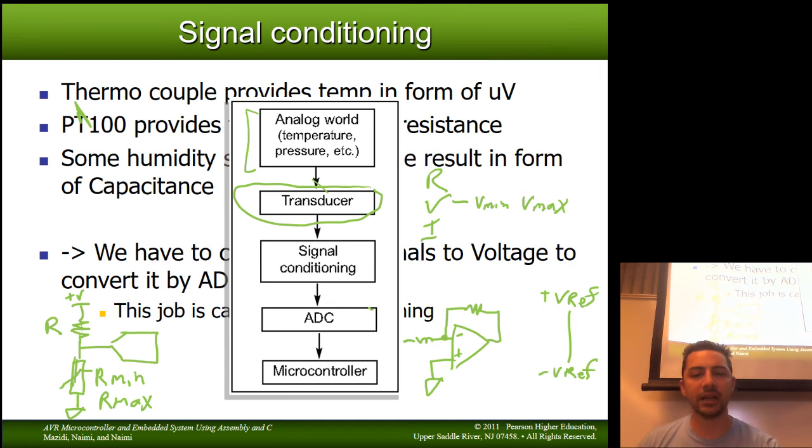If it's a current, Imin, Imax, current is actually pretty easy to turn into a voltage. A resistor. Now, if it's a resistor, obviously the resistance changes are going to change the voltage across it, so any small variation in temperature could affect it. You could also do a transimpedance amplifier, which is just a resistor going into an op-amp in a follower configuration.